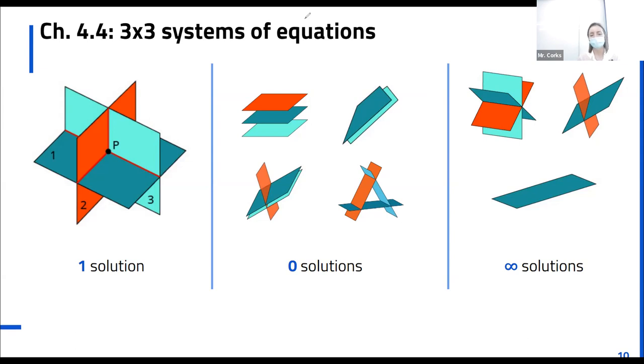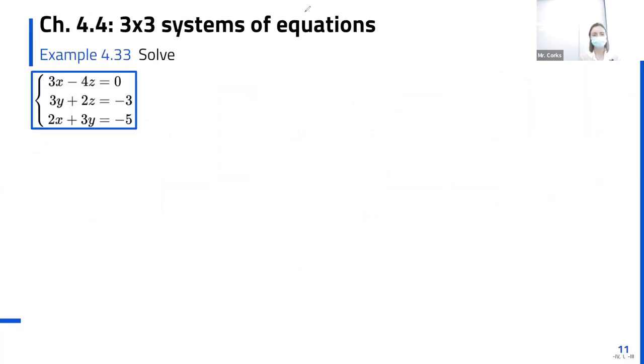And here we don't have solutions, because we don't have any point or line where all of the planes intersect. It's a visual representation for you to get the idea. So this system of equations is kind of easier than the previous one. So try to solve it and then type your answers in the chat.